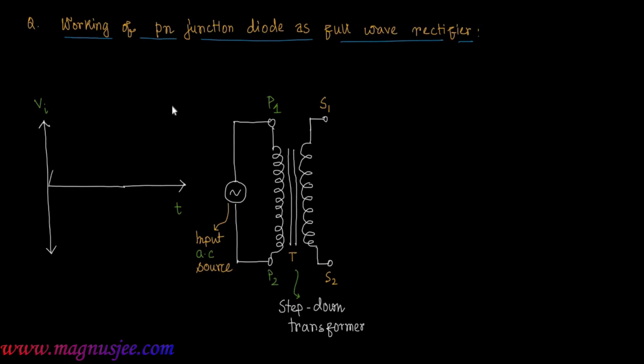And here we can draw positive half cycle and negative half cycle. This is alternating voltage. We can denote positive half cycle this way. This is positive half cycle, and this is negative half cycle.